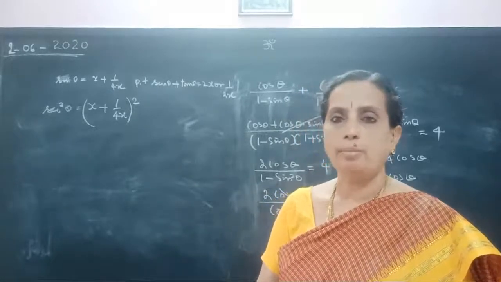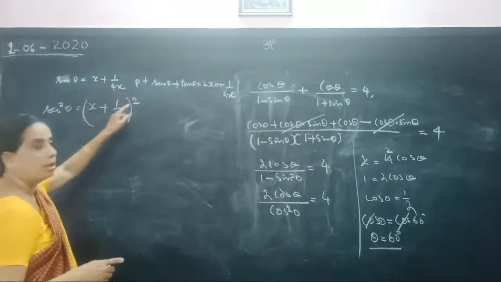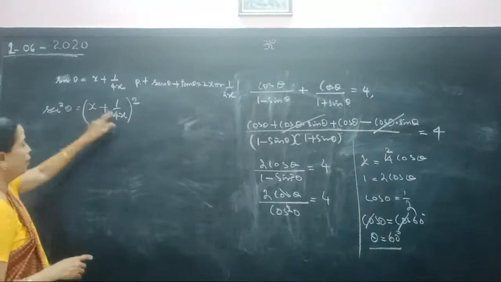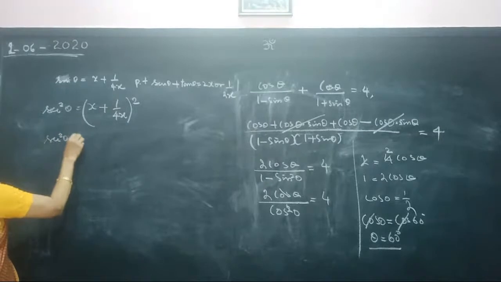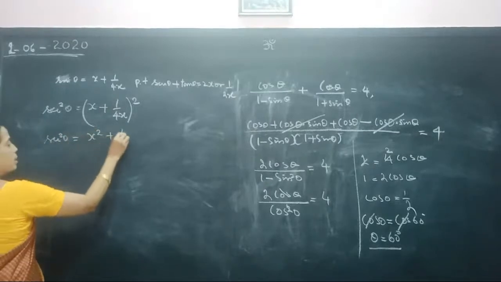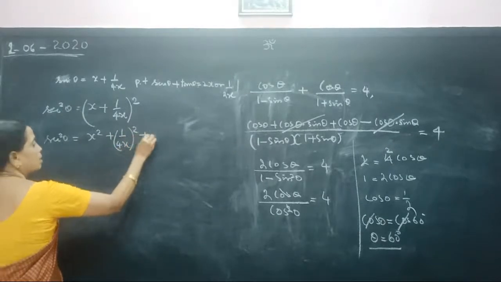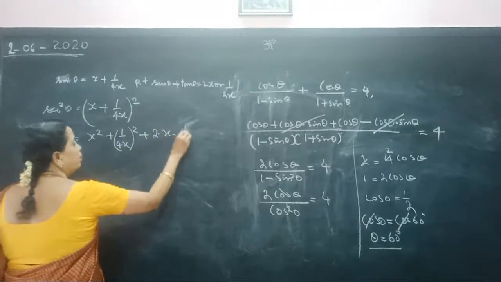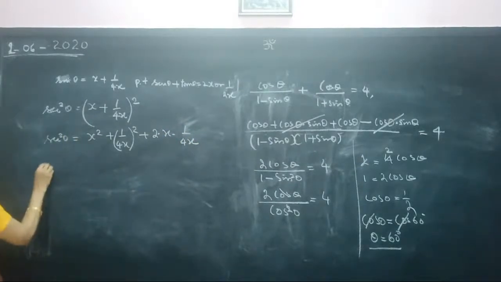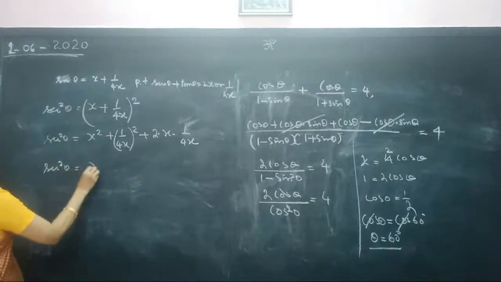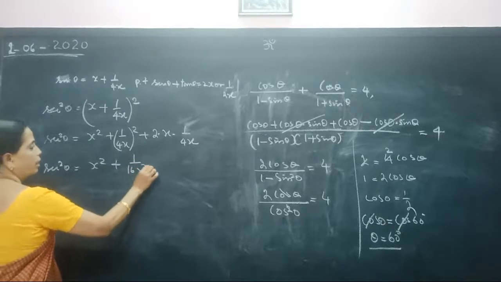I will give you time to do it later. Listen and observe the method. Secant theta is x plus 1 by 4x, so squaring on both sides, you will get secant square theta equals x square plus 1 upon 16 x square plus 2 into x into 1 by 4x, that is 2ab.